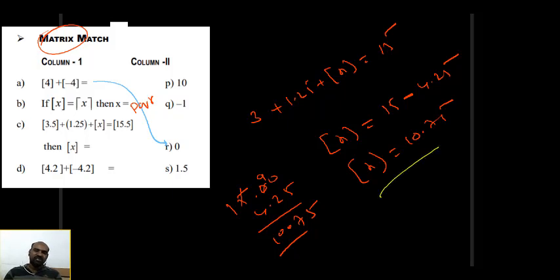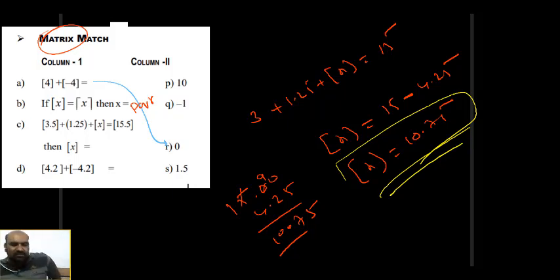No value of x satisfies this because step means an integer. The left side is an integer, the right side is not, so there is no such x. That means the problem is wrong.